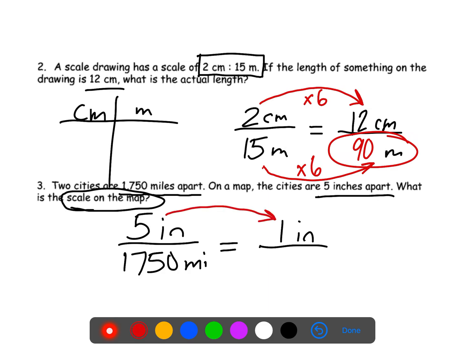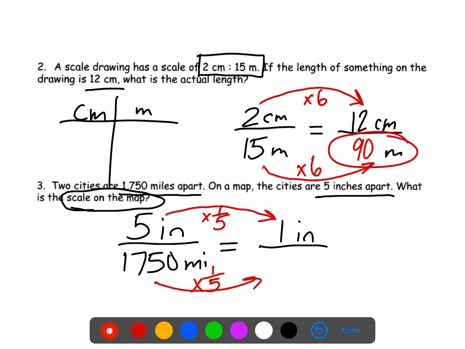5 to 1. 5 times something equals 1. That sounds to me like the definition of reciprocals. When we multiply 2 numbers together, we get 1. So the reciprocal of 5 is 1/5. I need to balance, keep things equivalent by doing the same to the number of miles.